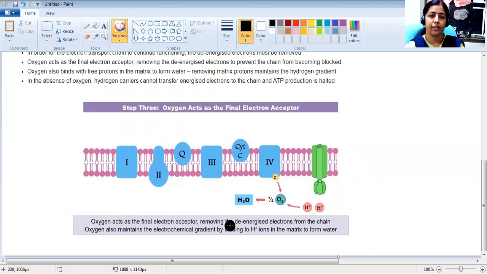Oxygen acts as the final acceptor for the electrons, de-energizing them, and is also involved in maintaining the electrochemical potential gradient. In the absence of oxygen, hydrogen carriers cannot transfer the energized electrons to the chain.